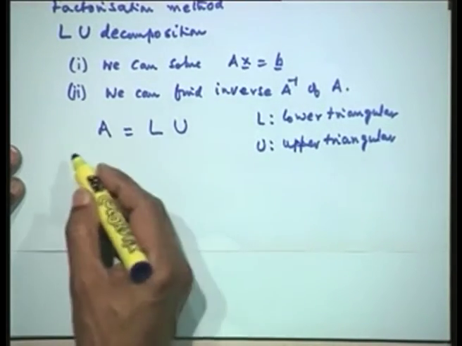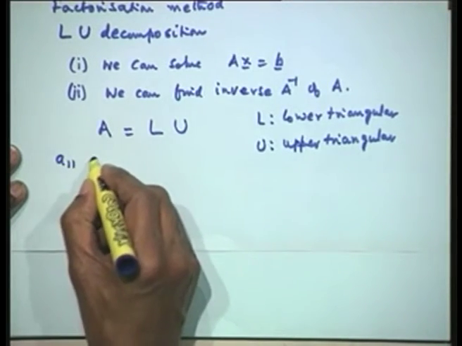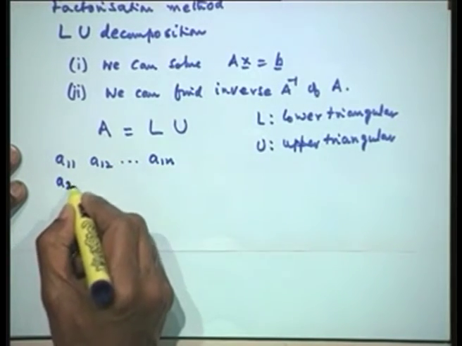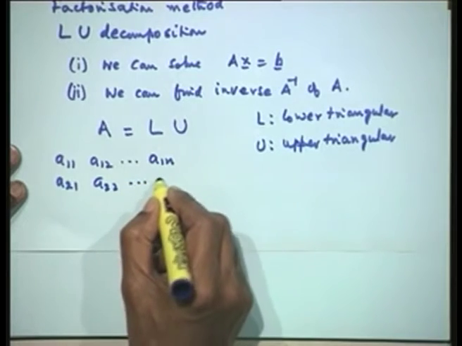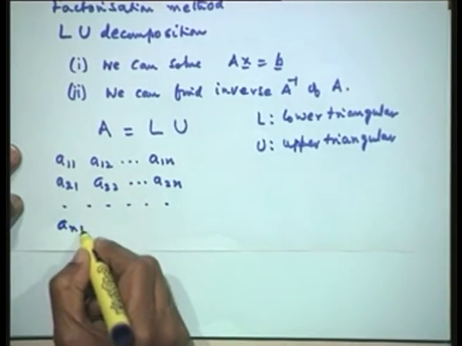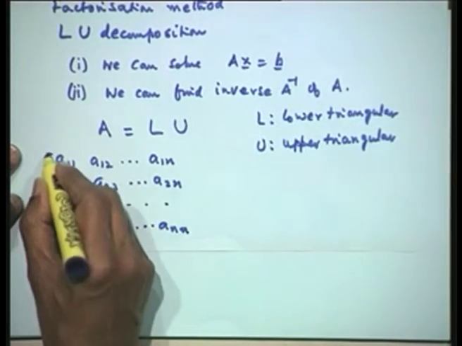Now, let us just write down how it looks. Let us write down A11, A12, A1n, A21, A22, A2n, An1, An2, Ann.